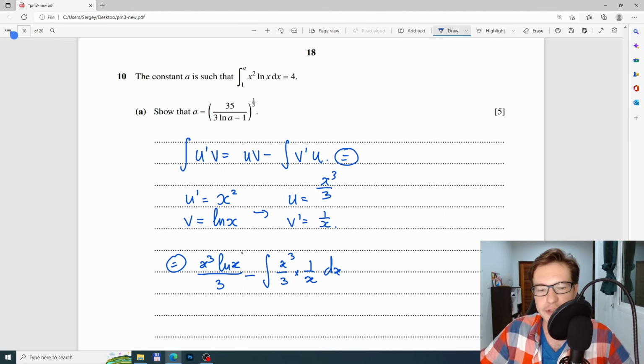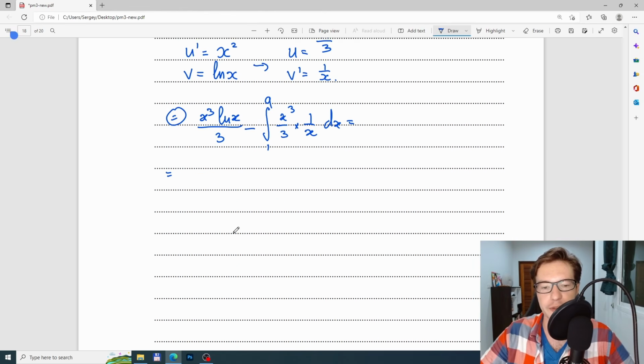And don't forget the limits from 1 to a. Now let's simplify this a little bit, and I will get x cubed log x over 3 minus the integral from 1 to a of x squared over 3 dx.